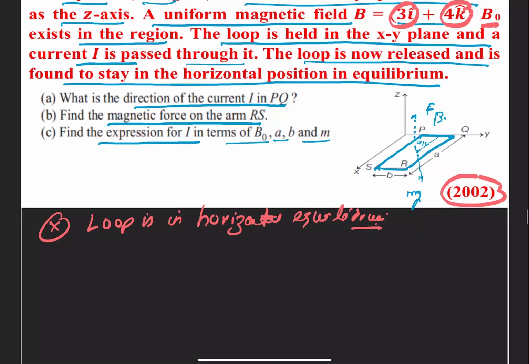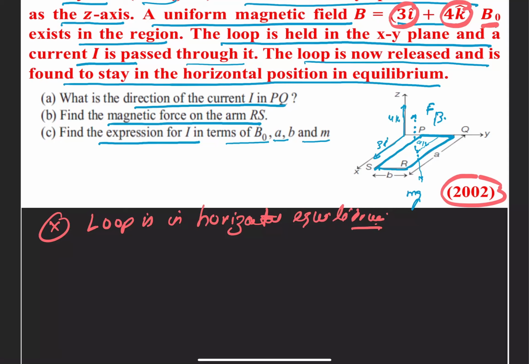So we can just draw an approximate figure for it also. We are given 3I, which will be somewhere along the x-axis, so let us suppose this is our 3I. Then we have 4K, and K will be along our z-axis, so this is our 4K.